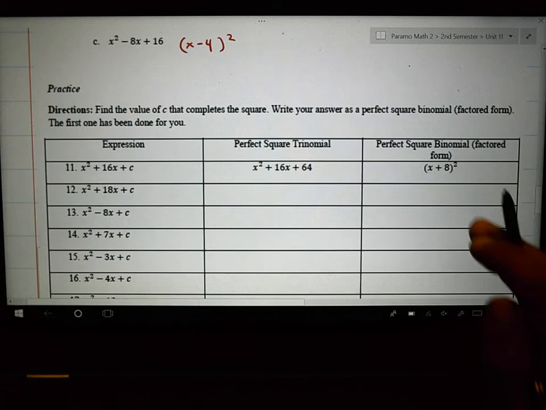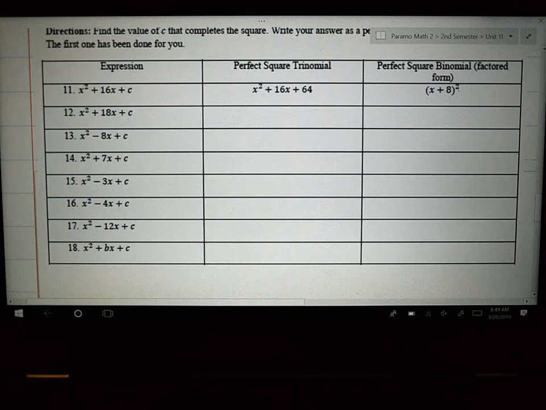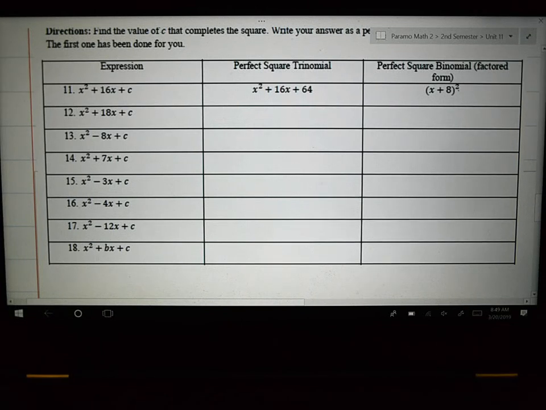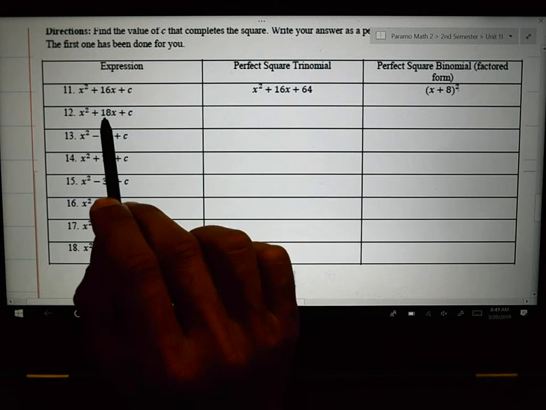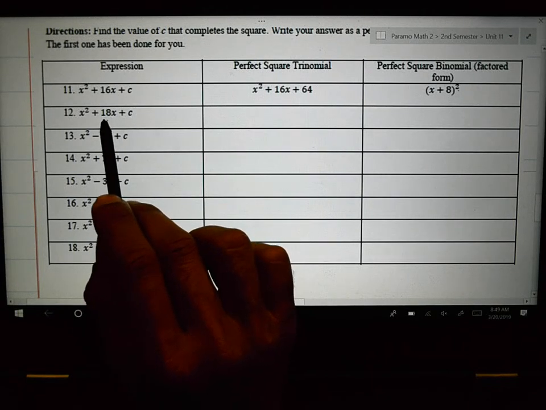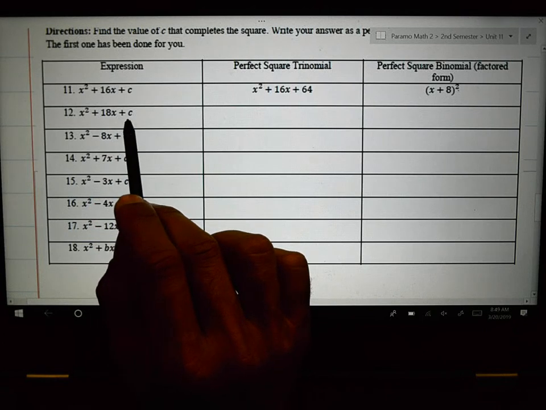So now the very last problems are basically, do you know how to do what we just did? So I'm going to do a couple with you, and then I'm going to give you some time to finish this worksheet. If you know what the b value is to complete the square, if this is 18x, what's going to go in for c?